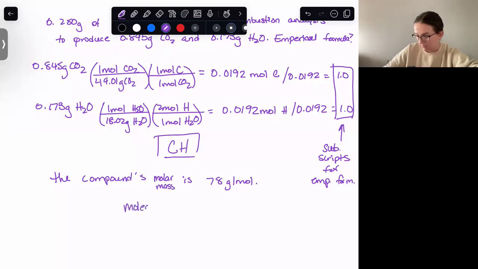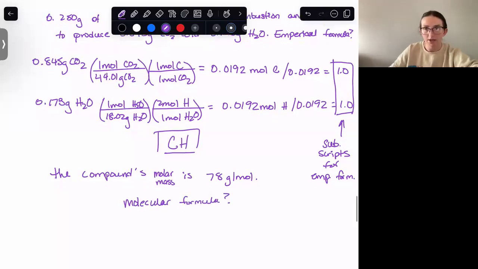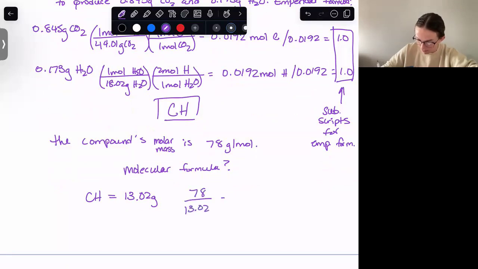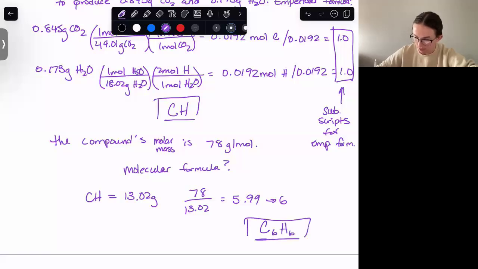And now you're looking for the molecular formula. You're going to take your carbon hydrogen empirical formula that you found, and carbon hydrogen is equal to 13.02 grams, right? Because we took 12 plus 1. And we're going to take 78 divided by 13.02. And this comes out to 5.99, which we can round to 6. So we need to take our whole empirical formula and multiply it by 6. So our molecular formula becomes C6H6.